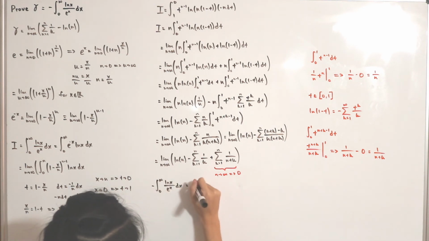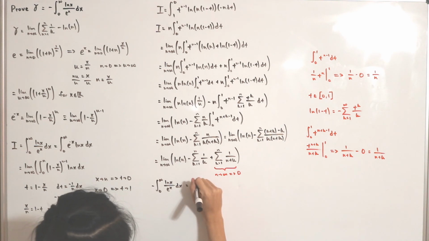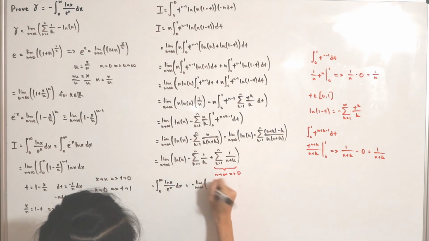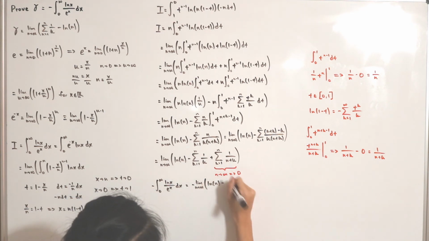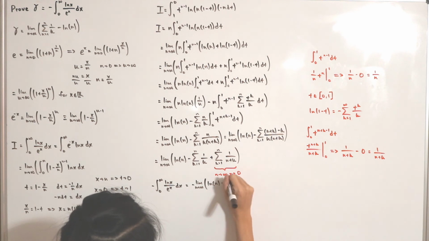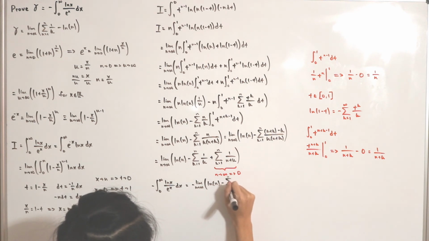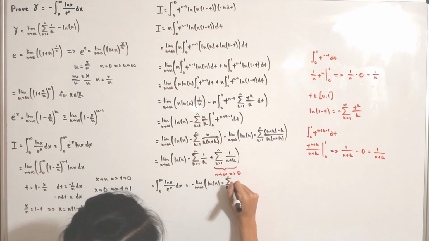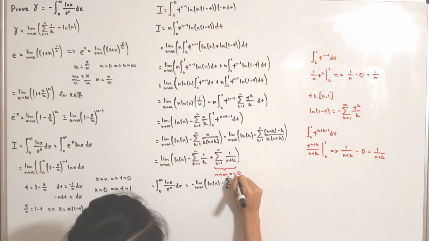So this is the negative limit as n approaches infinity of the natural log of n minus the summation from k equals 1 to n of 1 over k.